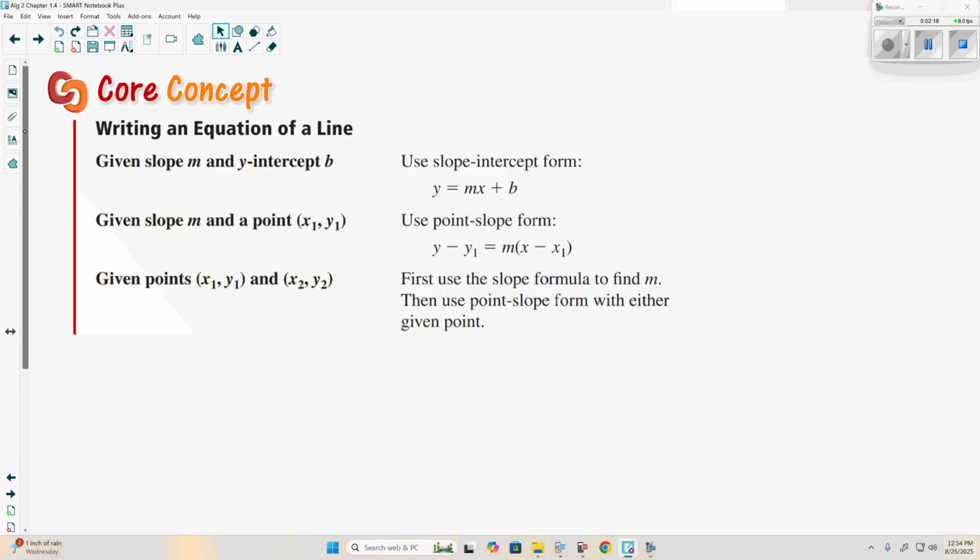Now, I'm going to write it one way. Delta y over delta x.